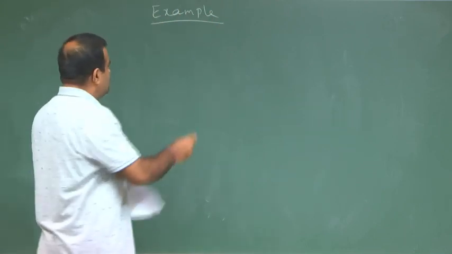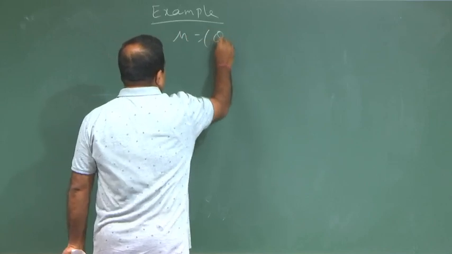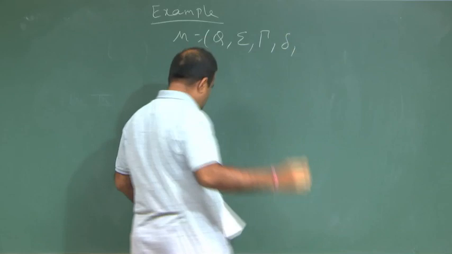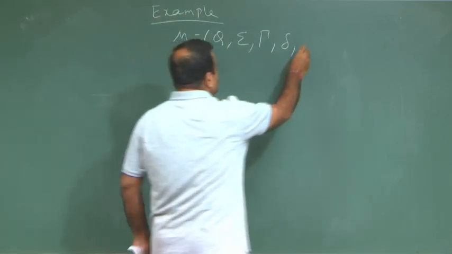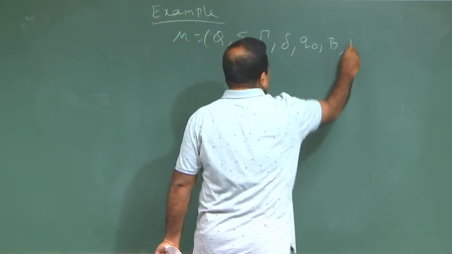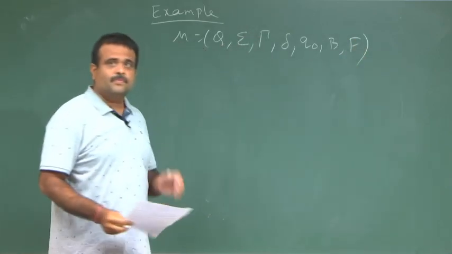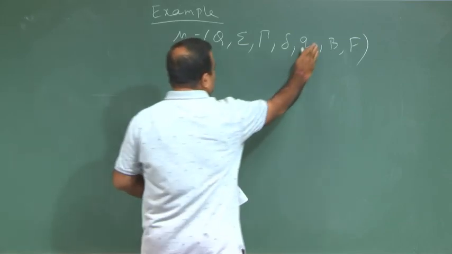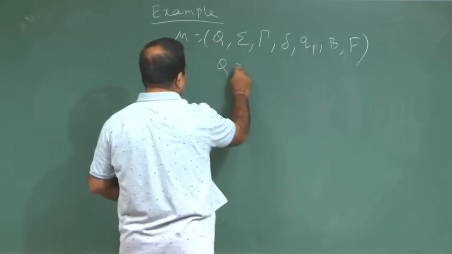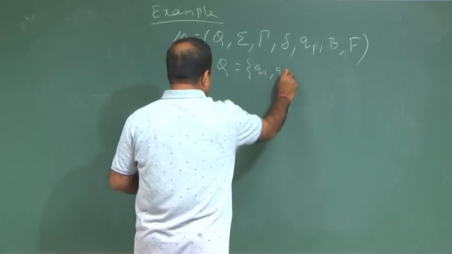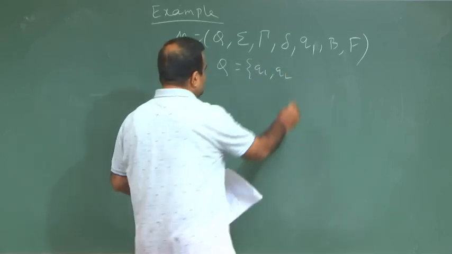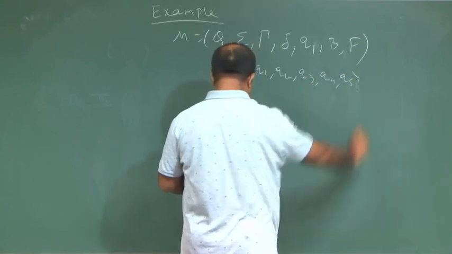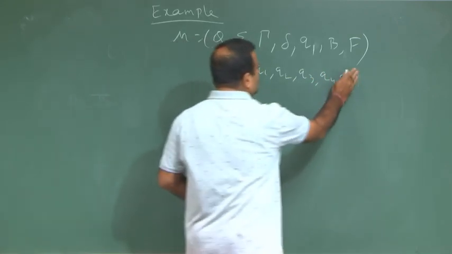So, let me define some Turing machine M, which is Q, sigma, delta, and then Q 0, B and F. Now, Q we have Q 1, Q 2, Q 3, Q 4, Q 5 and Q 6.